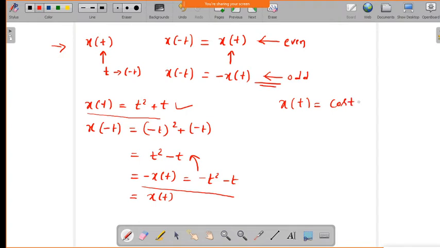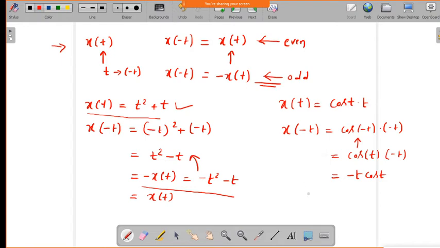Now take x of t equal to t cos t, for example. If we replace t by minus t, what will happen? This gives cos of minus t into minus t. Since cos t is an even signal, it gives the same component, and this gives minus t. So that is equal to minus t cos t.